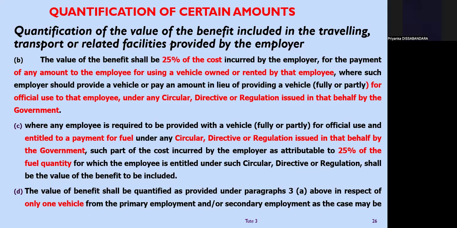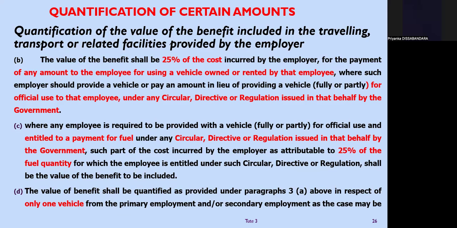Because of that, we consider only 25%. That is the amount, that is the quantified amount by the Commissioner General for the purpose of vehicle benefit. So the value of the benefit shall be 25% of the cost incurred by the employer for the payment of an amount to the employee for using a vehicle owned or rented by that employee.